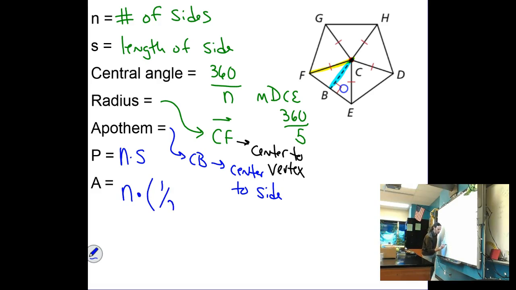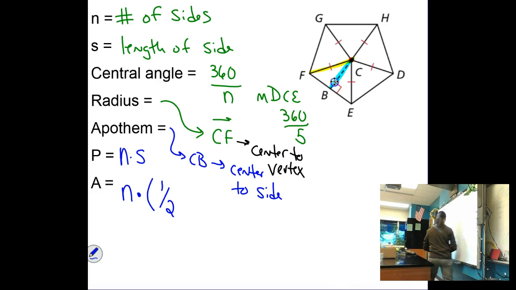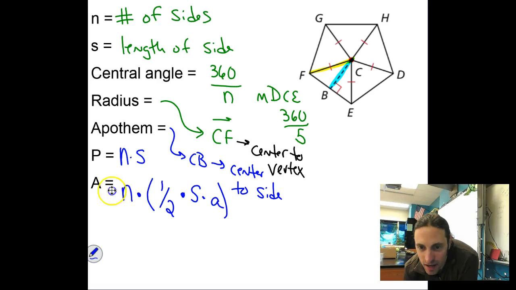And you say, oh, that's 1/2. If I wanted to figure out the area of this triangle here, I would say 1/2, the base is the side, and the height is the apothem. Now, that's really interesting because isn't n times s actually equal to the perimeter?